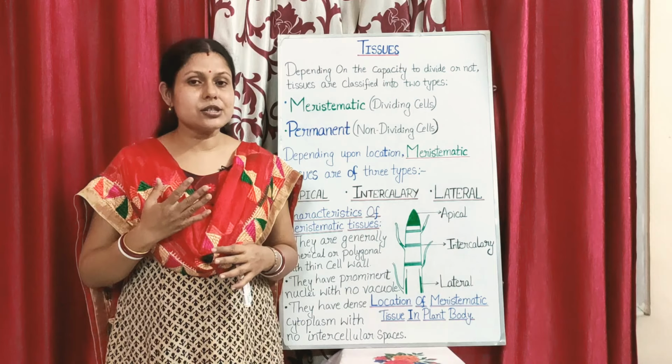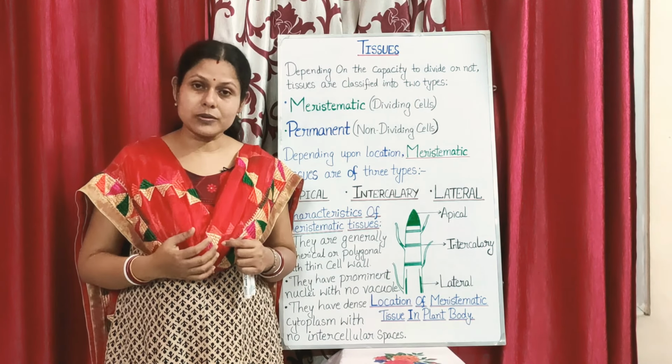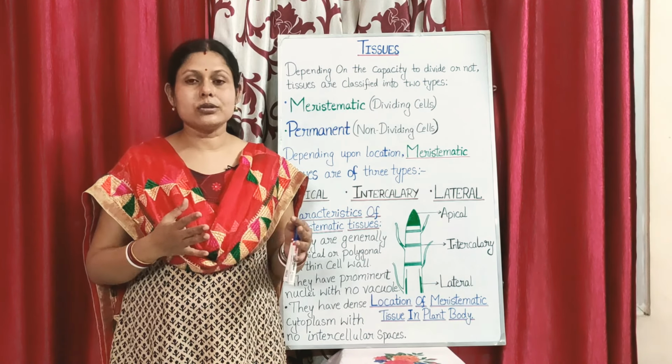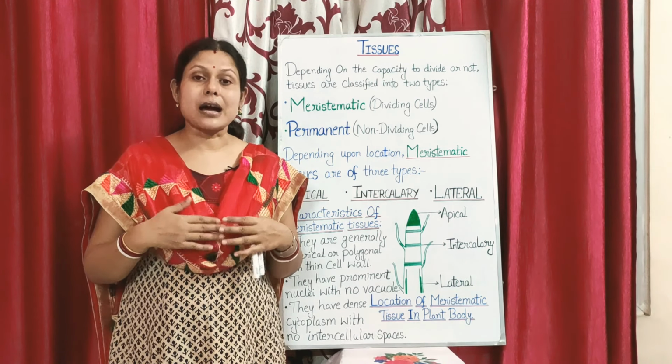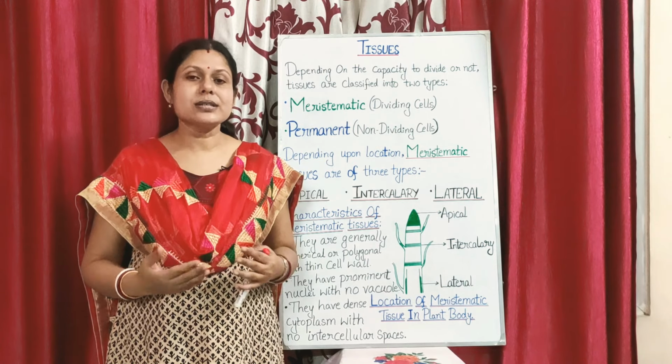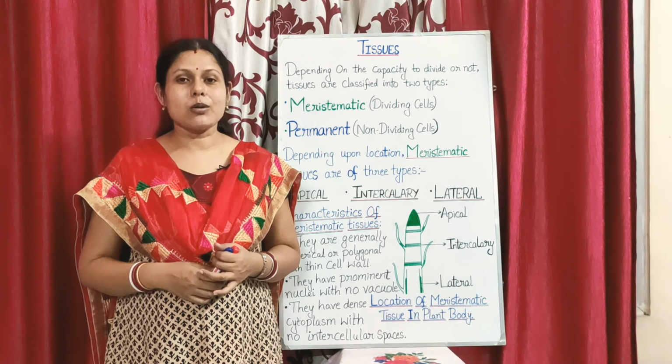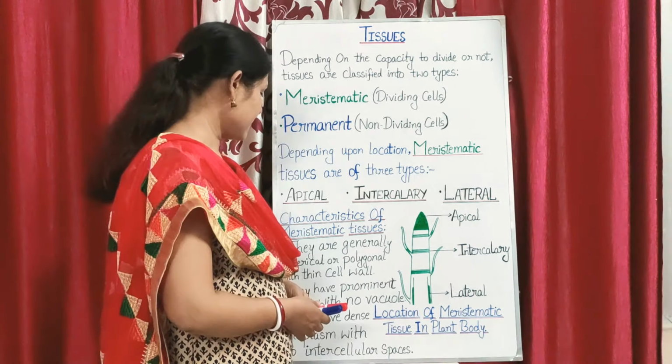So where are these tissues located which help in the growth of the plant, what is this growth happening in the plant's body, and is this growth unlimited, or how does it take place? That is what today's chapter is about.